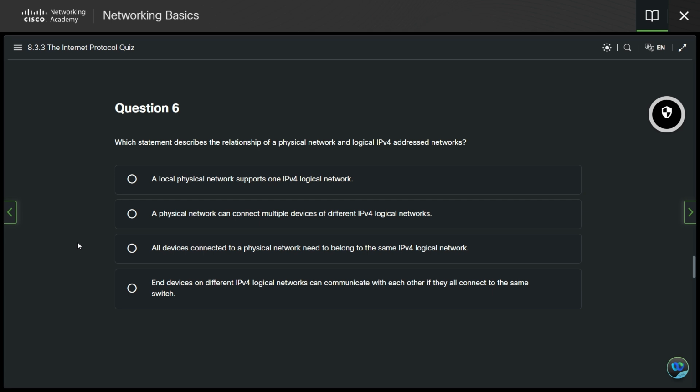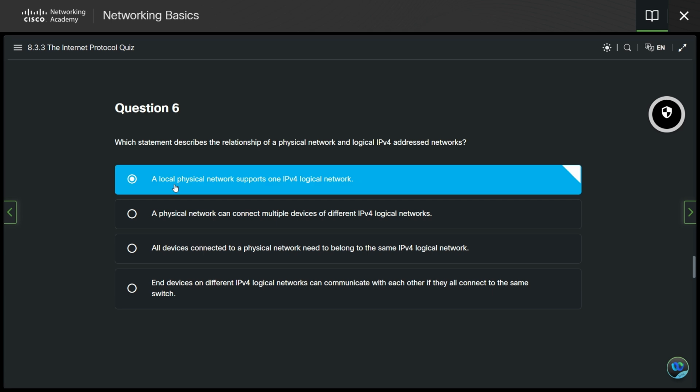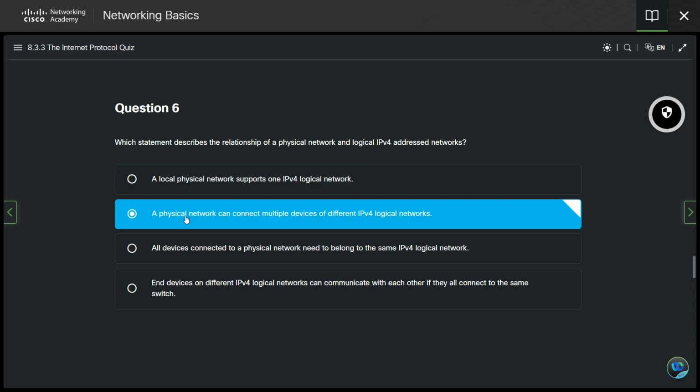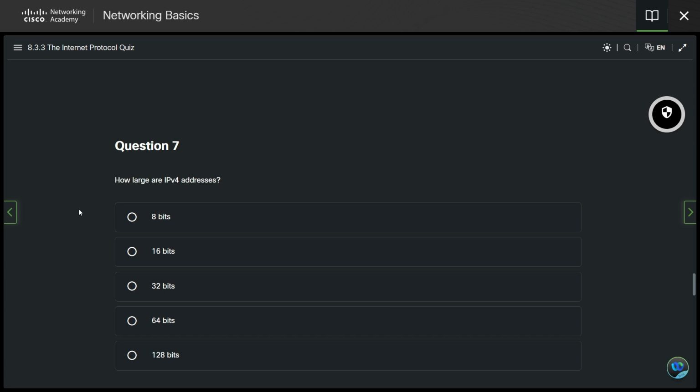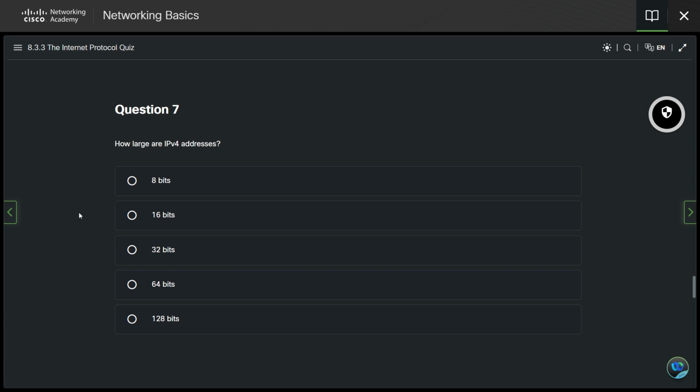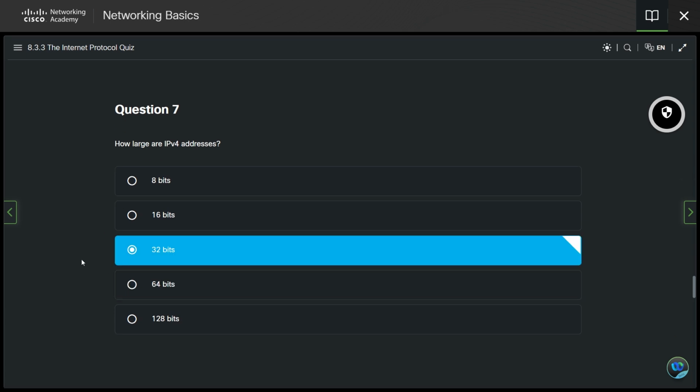Okay. A physical network can connect multiple devices of different IPv4 logical networks. Okay. Question 7: How large are IPv4 addresses? 32 bits.